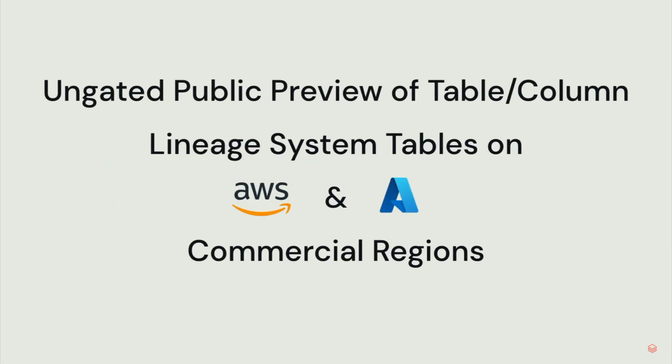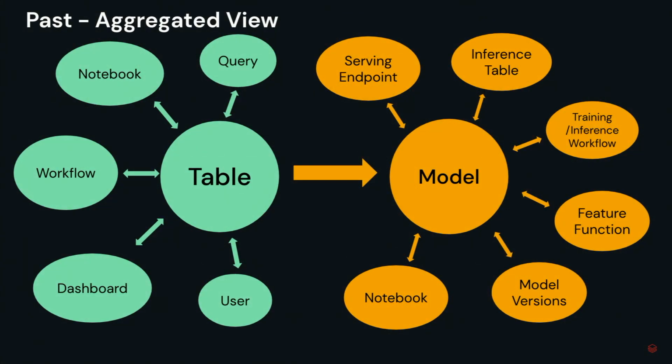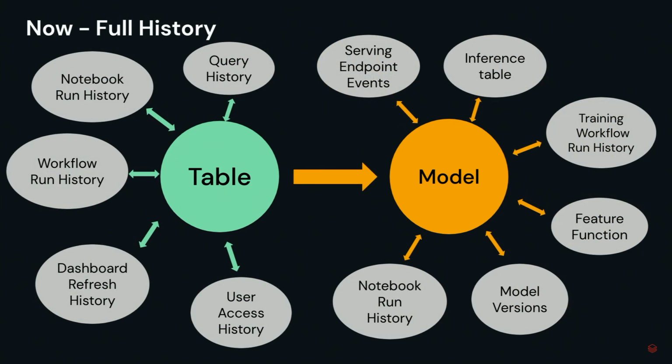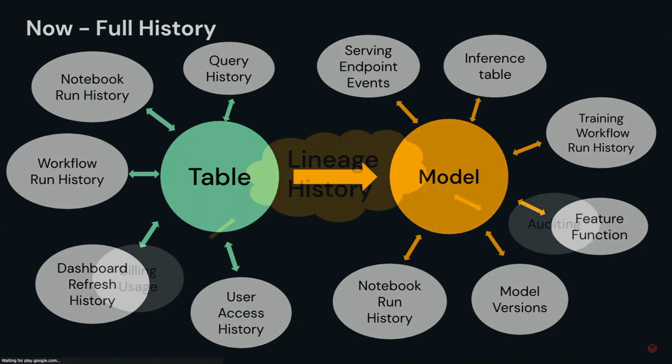We are excited to announce the ungated public preview of the table and column lineage system table on AWS and Azure, all commercial regions. We spent tremendous effort to improve the coverage and the quality, and to provide an aggregated view of the lineage in the Data Explorer. Now, we expose the full history to customers via the system table.